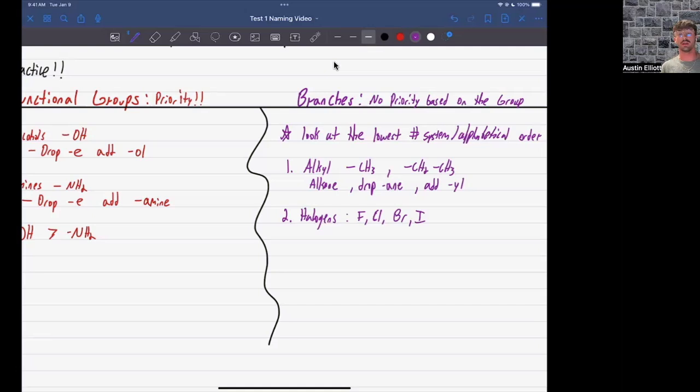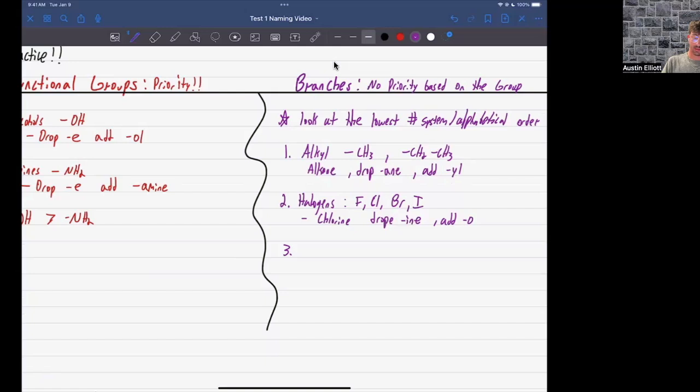And then once again, the lowest numbering system also matters. So with the halogens, for example, we'll do chlorine. We're going to drop the I in E and then add an O. And this works the same for all of them. So fluorine goes to fluoro, bromine goes to bromo, and iodine goes to iodo.